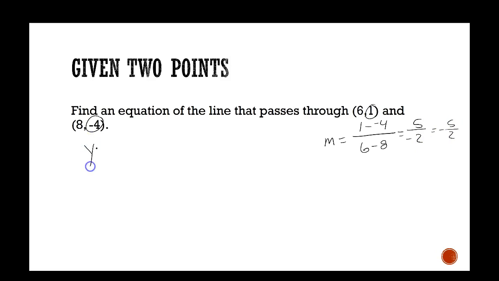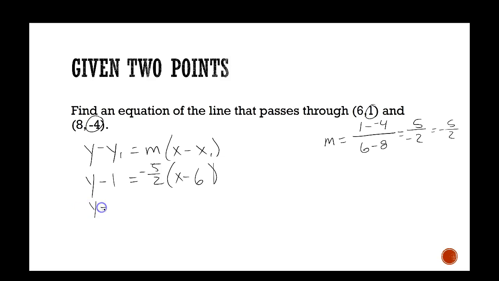Okay, so now let's use that point slope form. Slope was -5/2. All right, and again, I'm just going to use the 6, 1 ordered pair. So 6 goes in for x, 1 goes in for y. That's y minus 1. All right, when you go to distribute, that's negative 5 over 2x.